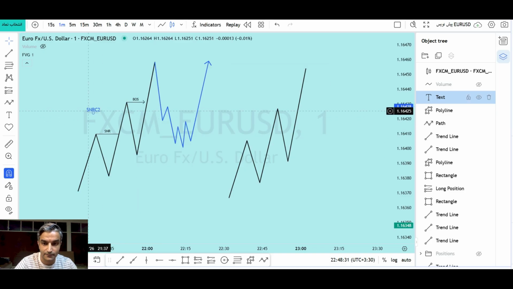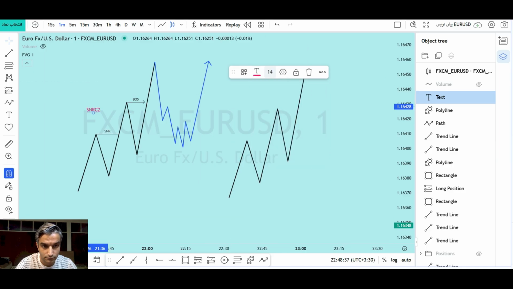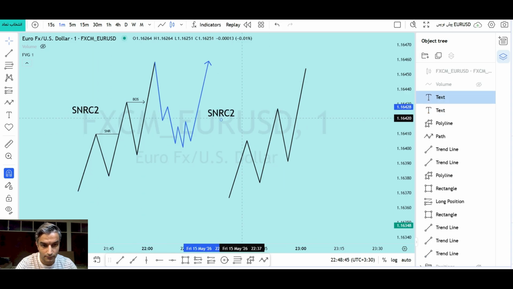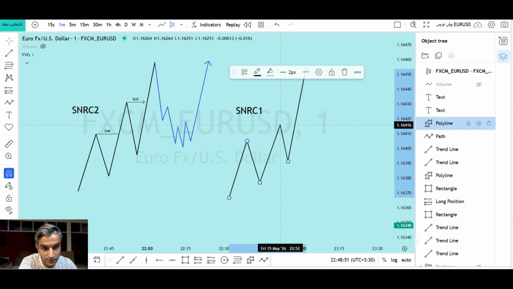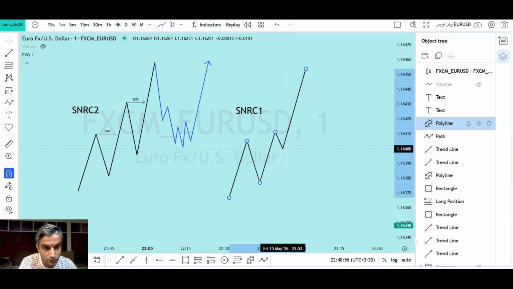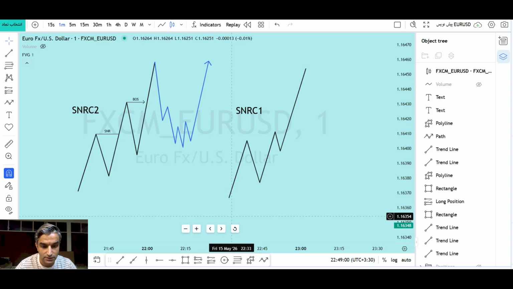Okay. This one is SNRC1. In SNRC1 we have a little reaction, just one or two candles, but the other things are the same.